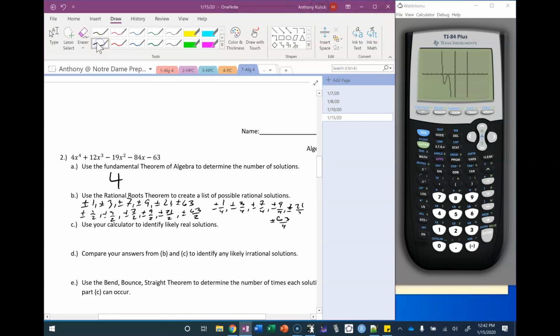Okay. So what are the x-intercepts we see there? What do you estimate that one as? Negative 2 point what?